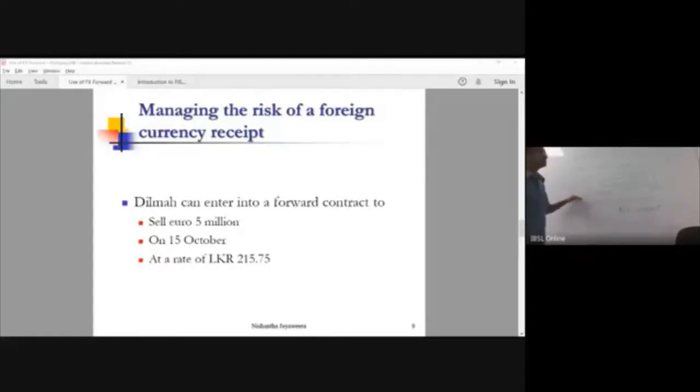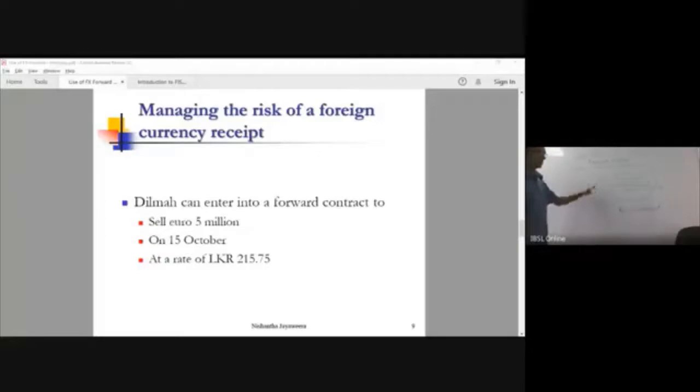That can be done through a forward contract. You can fix the amount that you are going to receive in terms of rupees on a future date, the 15th, through a forward contract.